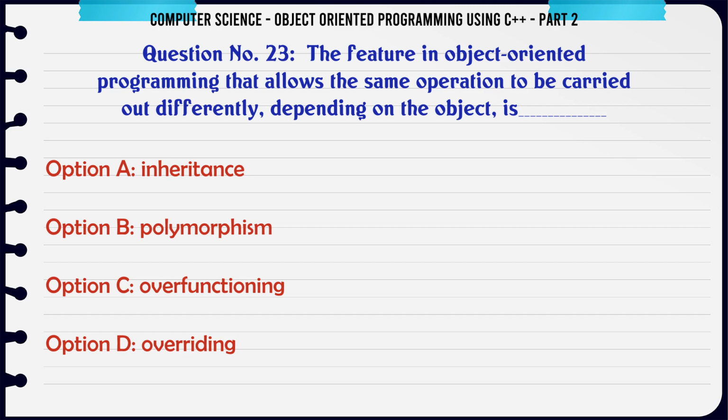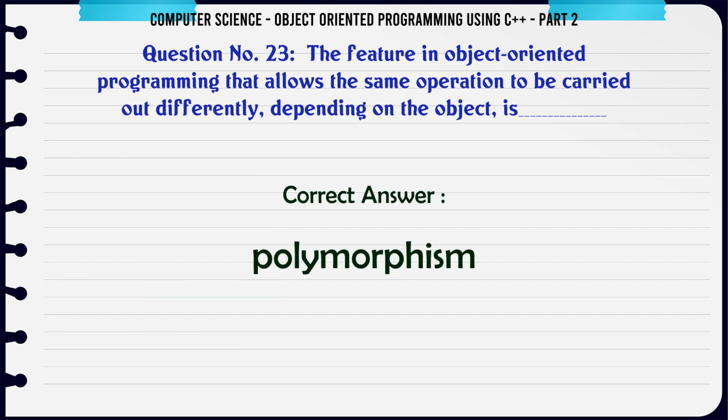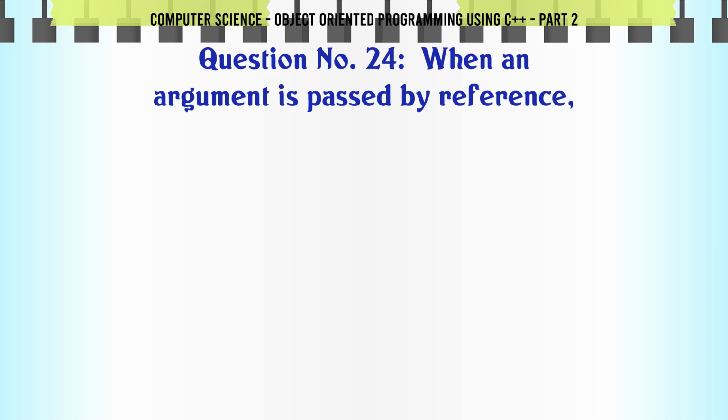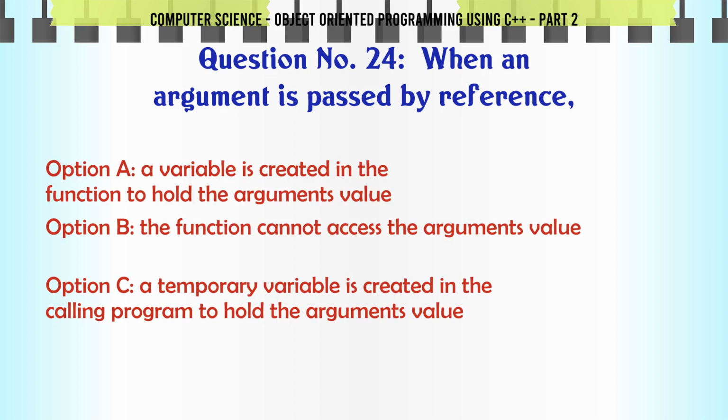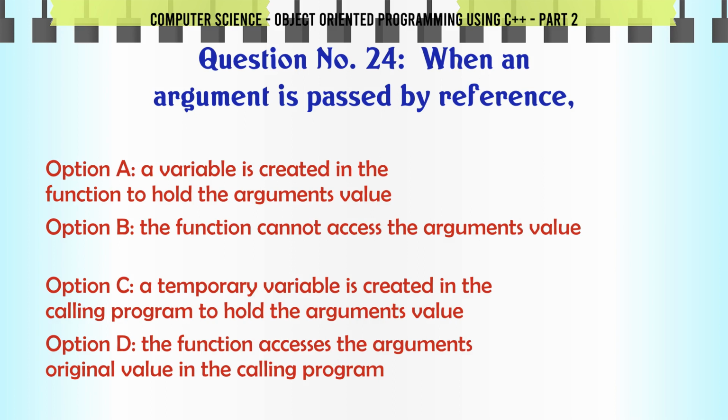B. Polymorphism. C. Overfunctioning. D. Overriding. The correct answer is polymorphism. When an argument is passed by reference, A. A variable is created in the function to hold the argument's value. B.